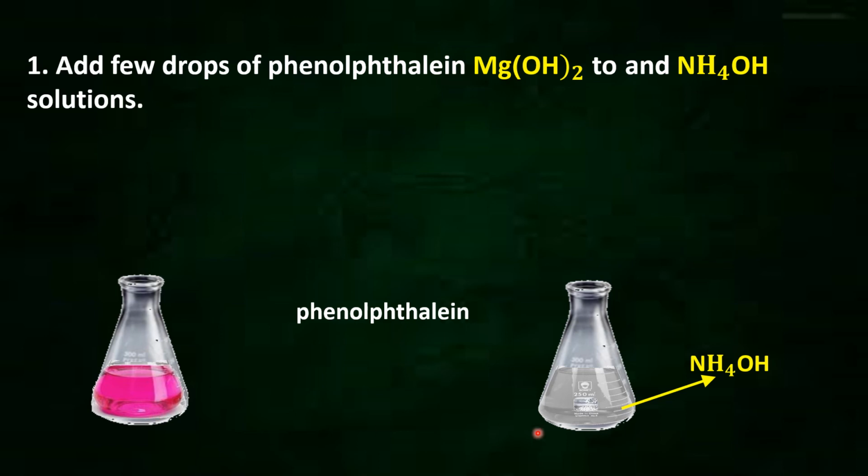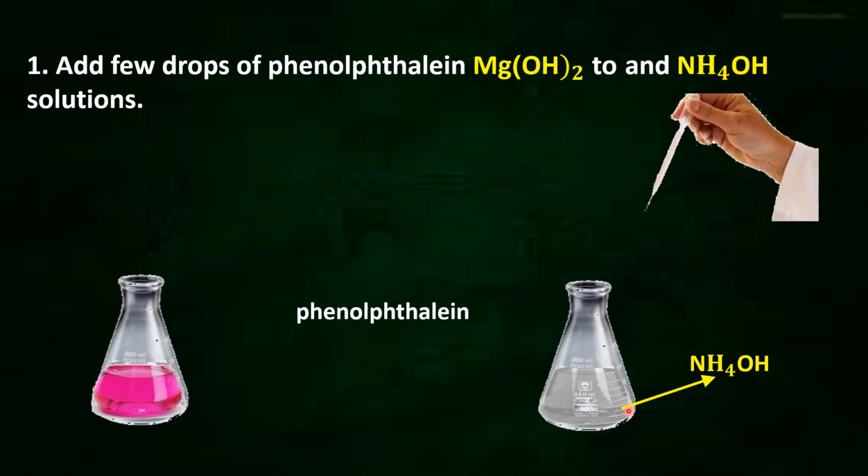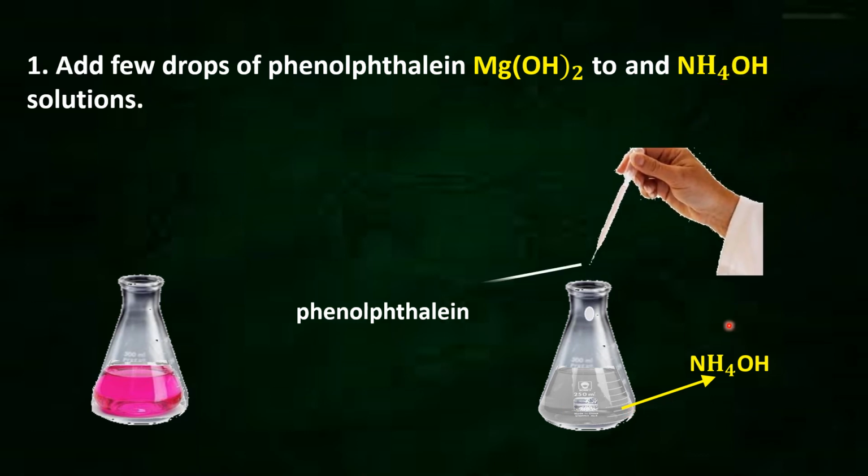Now we'll see for ammonium hydroxide. Here also it is changing to pink color. So all four solutions, sodium hydroxide, potassium hydroxide, magnesium hydroxide and ammonium hydroxide, change from colorless to pink with phenolphthalein indicator.